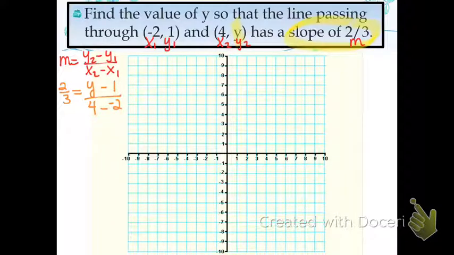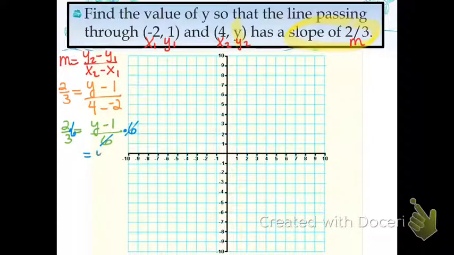And then we will simplify what we can here. In the denominator on the right hand side I can simplify 4 minus -2 into 6. And then I'm trying to solve this equation for y, which means that I would need to use inverse operations. The first thing I'd like to do is eliminate this fraction, knowing that a fraction is the same thing as division, and I can multiply both sides by 6, because dividing by 6 and multiplying by 6 are going to undo each other.